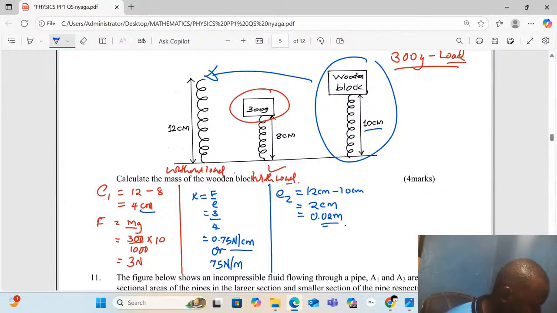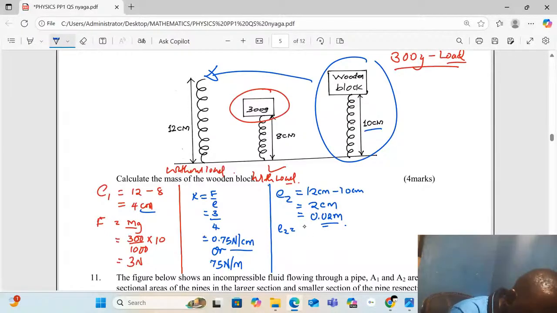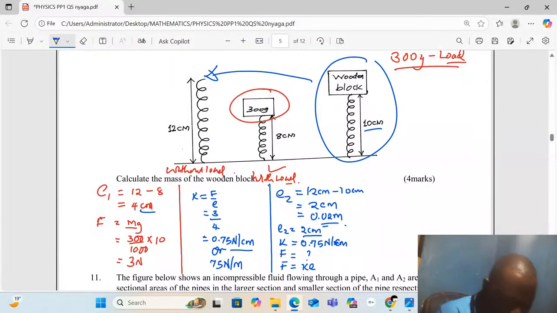Since we are asked the mass, our E2 is 2 centimeters. Our K is 0.75 newtons per centimeter. Then what will be our force? So our force can be given by KE.